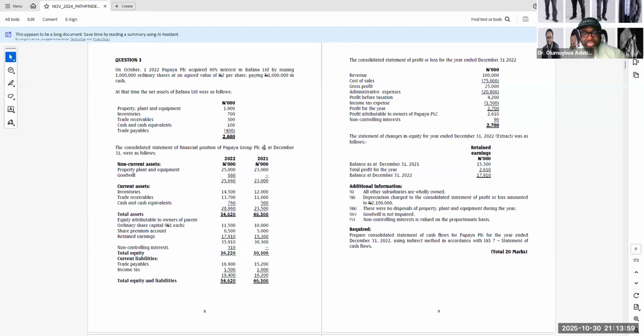And yesterday we laid the foundation by first of all reflecting on our prior understanding of the statement of cash flows for a single entity, and also on the need to present a statement of cash flow.